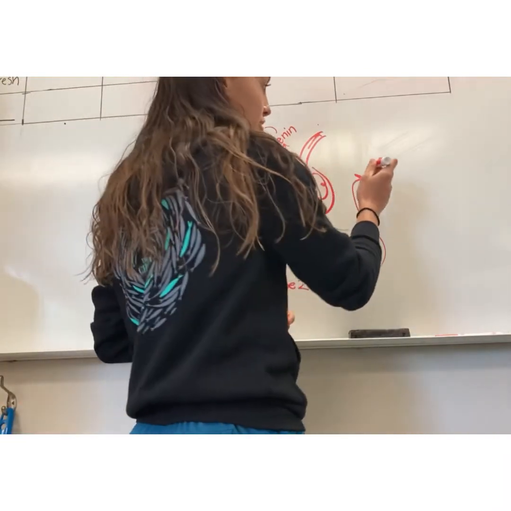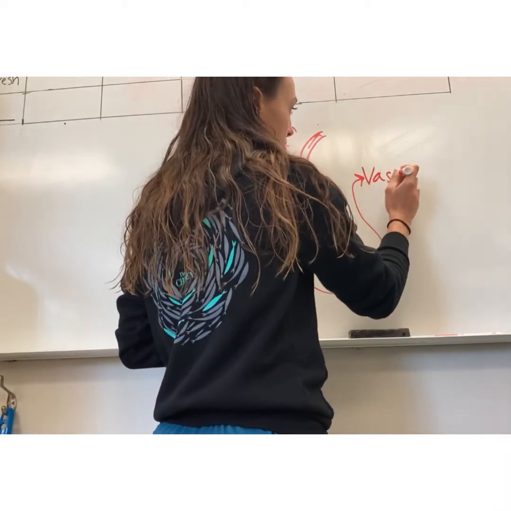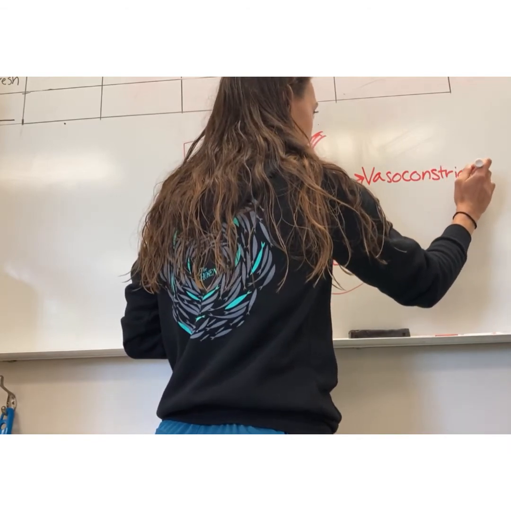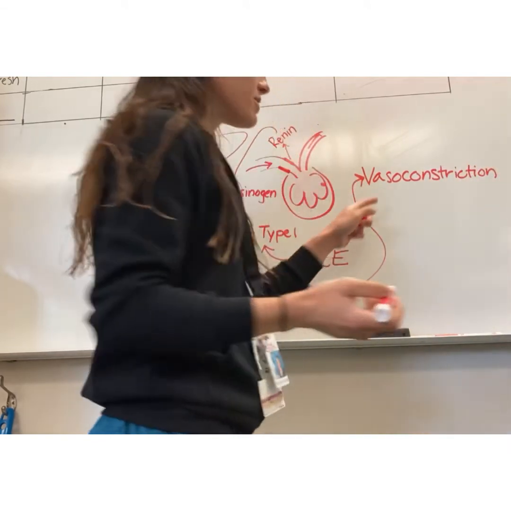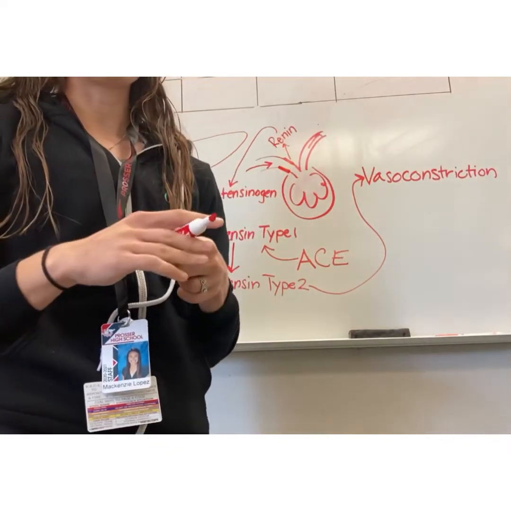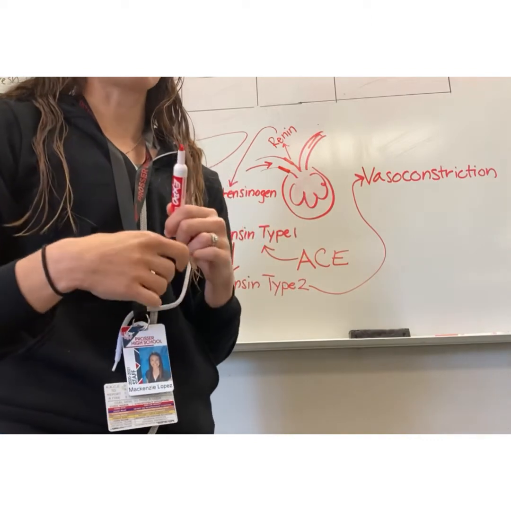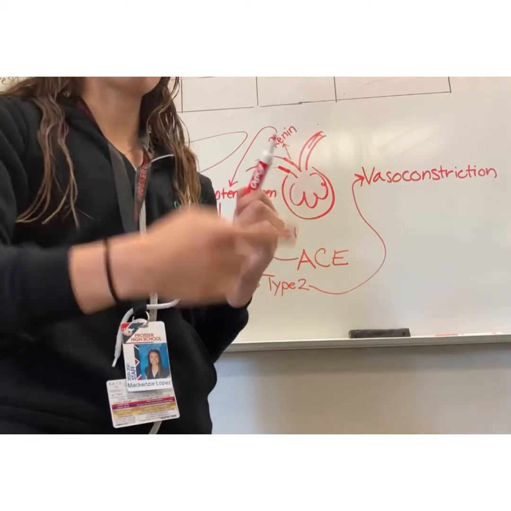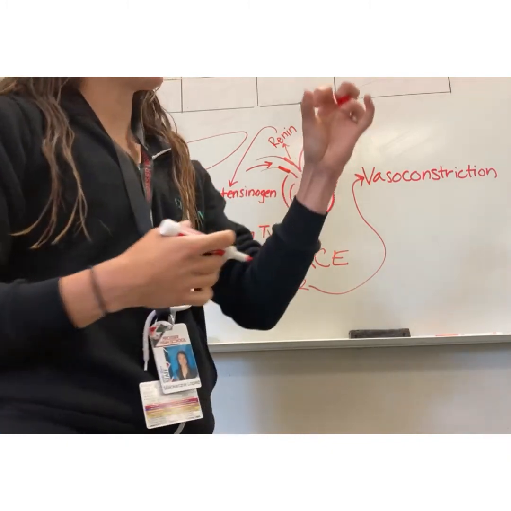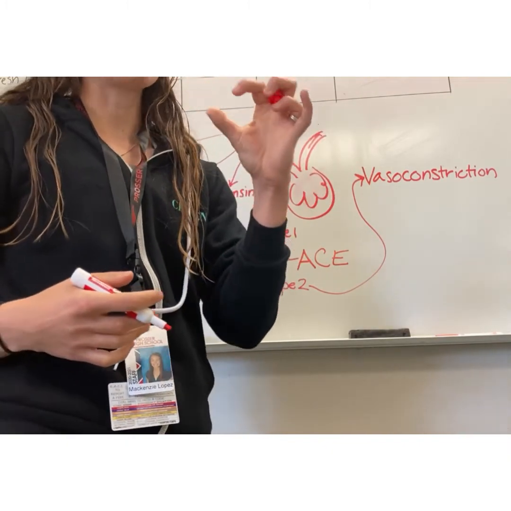So vasoconstriction happens. That vasoconstriction will increase slightly my blood pressure because it's putting more pressure on the blood running through my arteries, putting more pressure on those arterial walls because it is a smaller volume than it was previously.